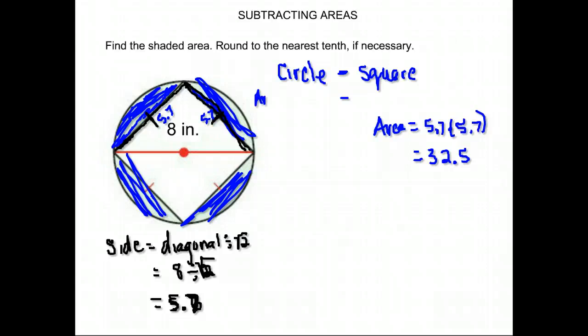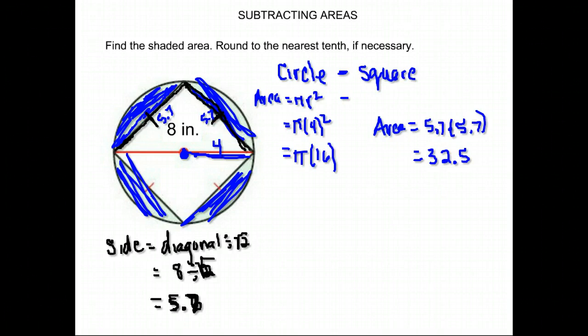When we find the area of that circle, finding the area of a circle is, again, pi times the radius squared. All the way across is 8. The radius is only halfway across, so the radius would be 4. So we're doing pi times 4 squared. 4 squared, or 4 times 4, is 16. Sixteen times pi gives me, again, about 50.3.